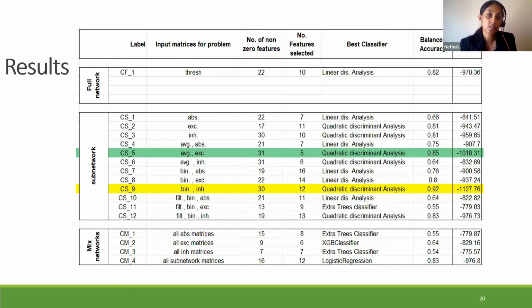The best classifiers are quadratic discriminant analysis, which are not very sophisticated models per se, right? So with quite simple models, I've been able to achieve a high balanced accuracy, which gives me the indication that this classification problem is not the hardest problem to solve, correct?